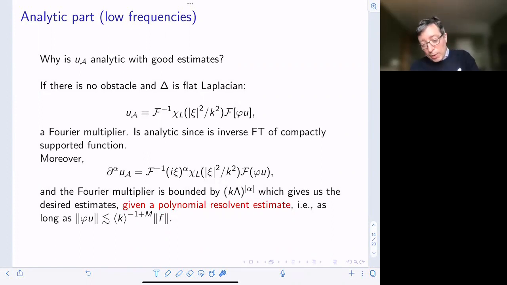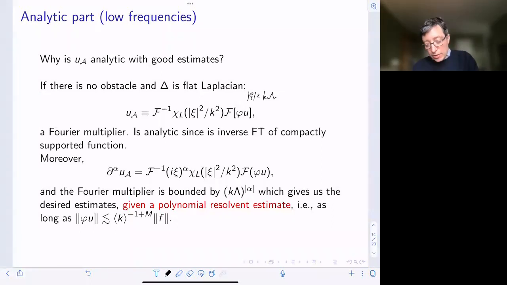So my analytic part is obtained by localizing u, Fourier transforming, and then multiplying by a cutoff function of xi squared over k squared, and inverse Fourier transforming it. So this thing lives where xi is less than k lambda. You get to have more and more frequencies as k goes to infinity, but you're always cutting off at a frequency parameter comparable to and somewhat bigger than k.